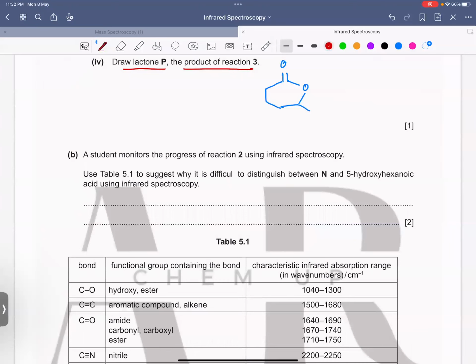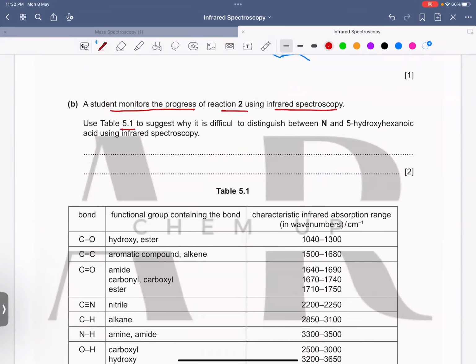Now, next part. A student monitors the progress of reaction 2 using infrared spectroscopy. Use table 5.1 to suggest why it is difficult to distinguish between N and 5-hydroxyhexanoic acid using infrared spectroscopy.